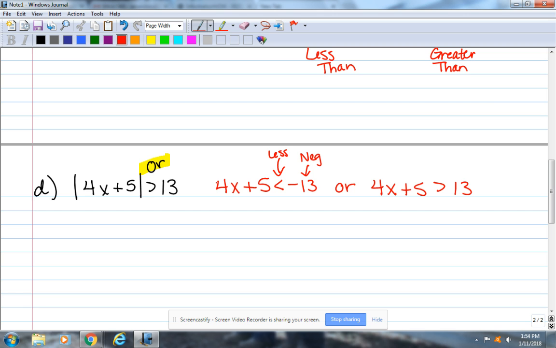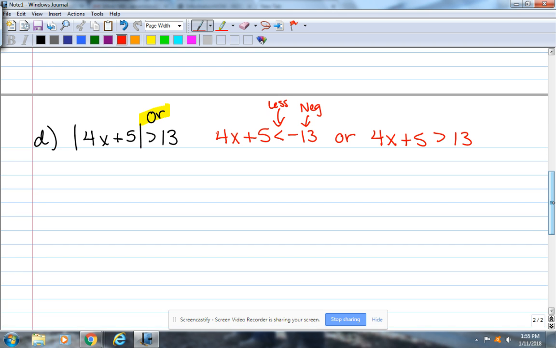All right, then you're going to solve two different problems, just like we did yesterday. So for this left-hand side, you're going to subtract 5 on both sides and get 4x is less than negative 18. I'm going to divide by 4, and that'll reduce to x is less than negative 9 over 2.